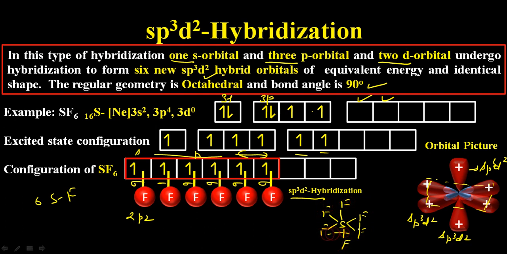Such molecules like PF5 and SF6 are called hypervalent because in these molecules the central atom has more than 8 electrons. So these were the various types of hybridization. We have studied sp, sp2, sp3, sp3d and sp3d2 types of hybridization. Thank you.